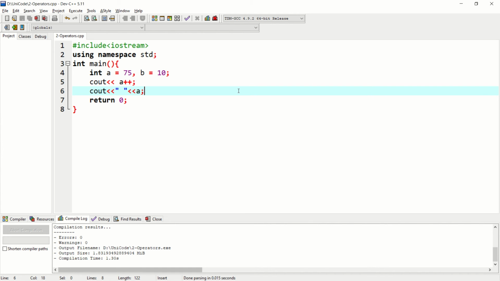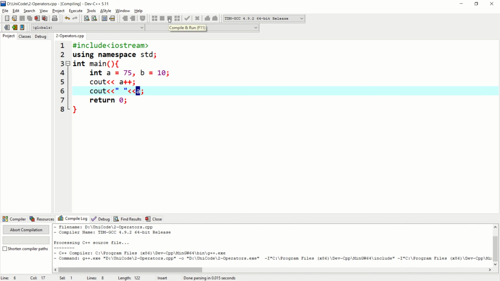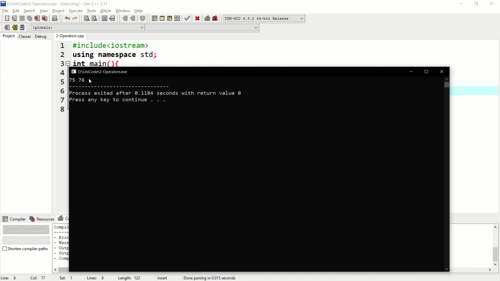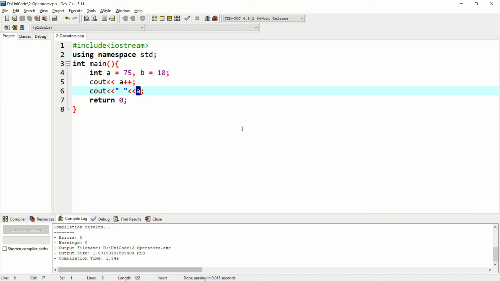And post-increment is to use its value, the a value 75. It used 75 here, gave 75 as an output, then incremented its value to 76, and you can see the 76 when it was outputted the second time. There you go. This was the difference between pre-increment and post-increment.